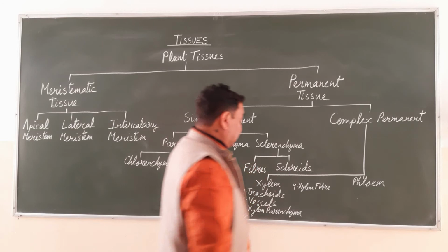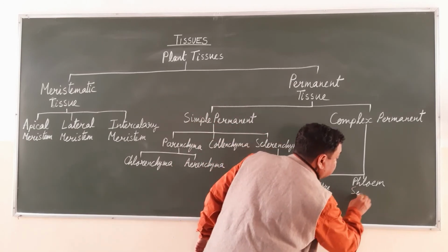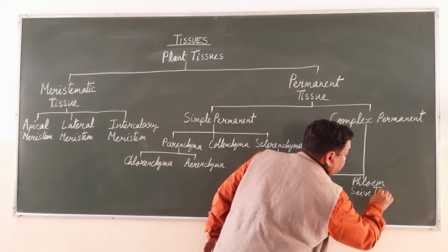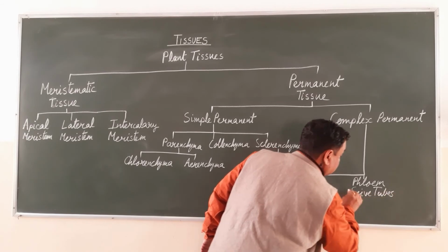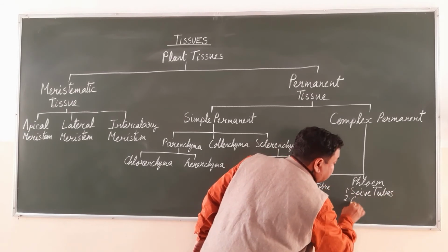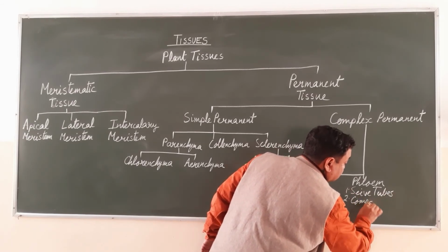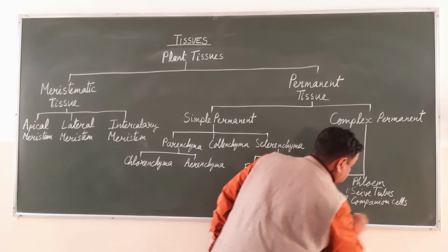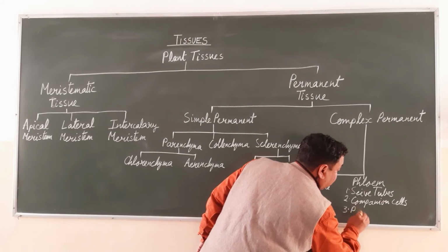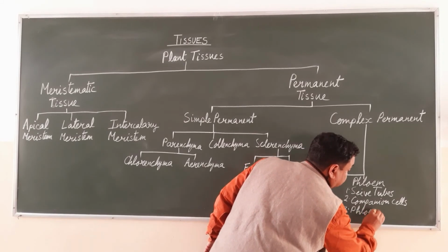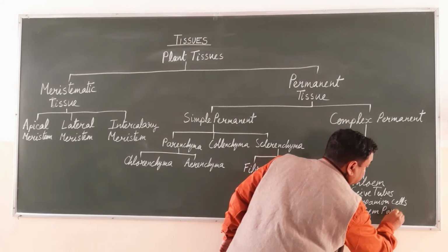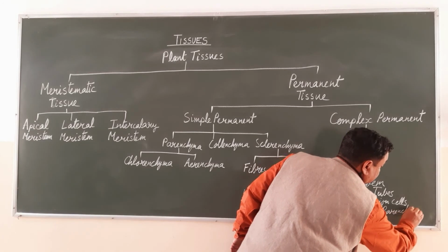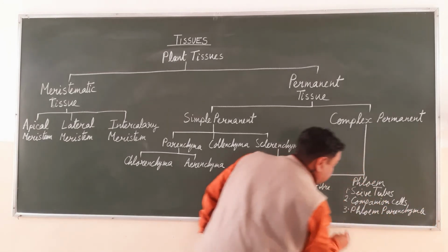And phloem is made up of sieve tubes, companion cells, phloem parenchyma, and phloem fiber.